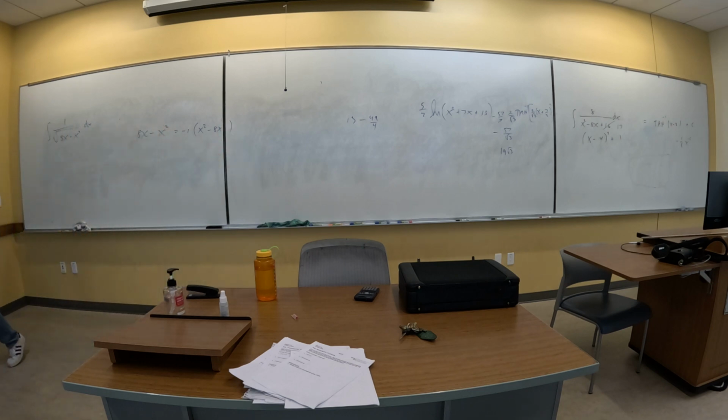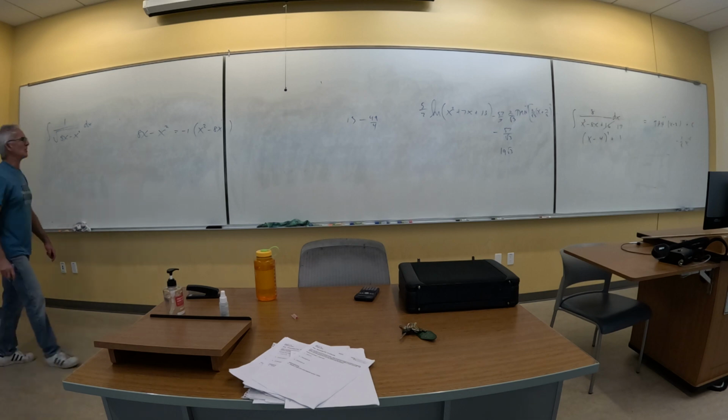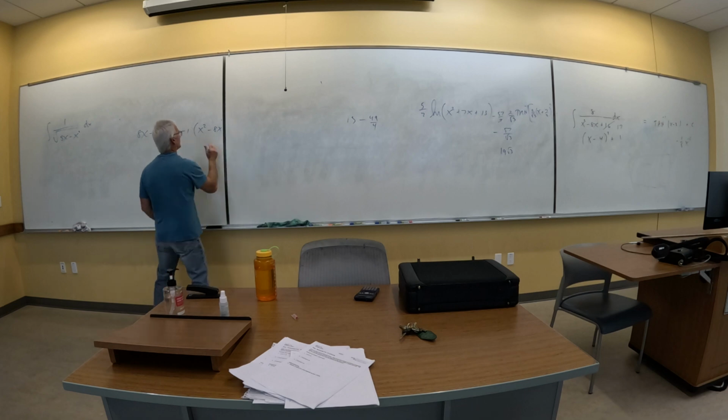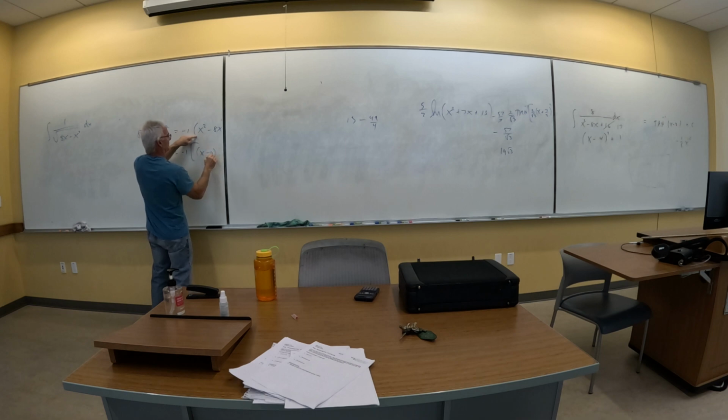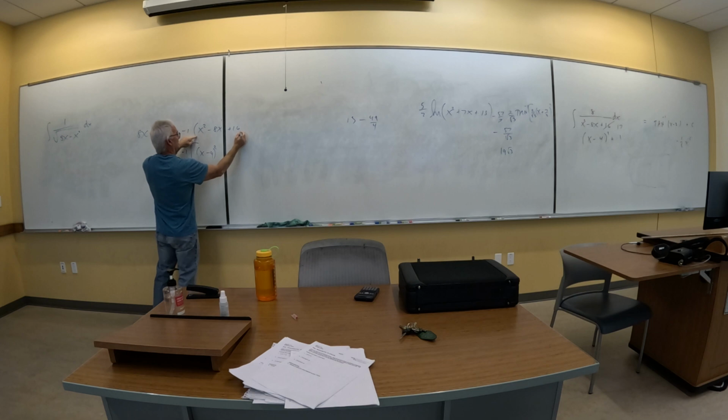Let's complete the square on that. X squared minus 8x doesn't look that difficult, does it? X minus what? 4. X minus 4, so what am I going to add? 16. And therefore, what am I going to subtract? 16.